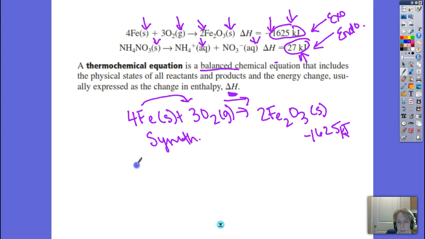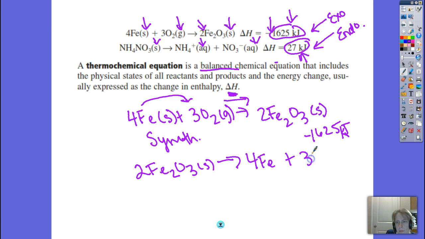Well, if I decompose this and had two iron oxides breaking down into 4 iron plus 3 oxygen, we would actually have to change the signs.